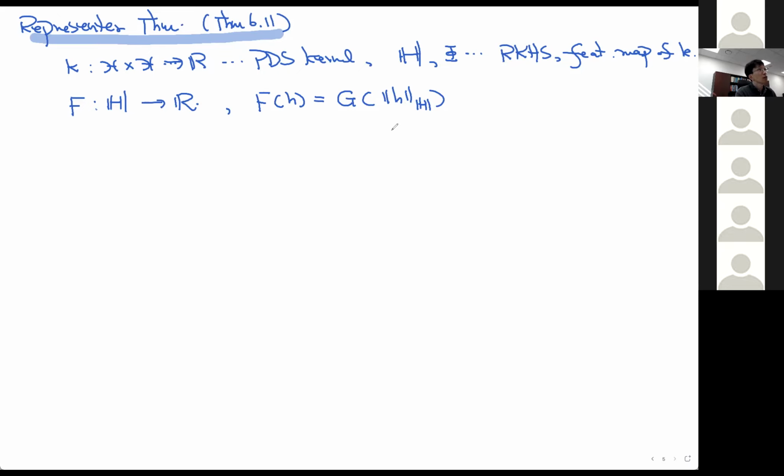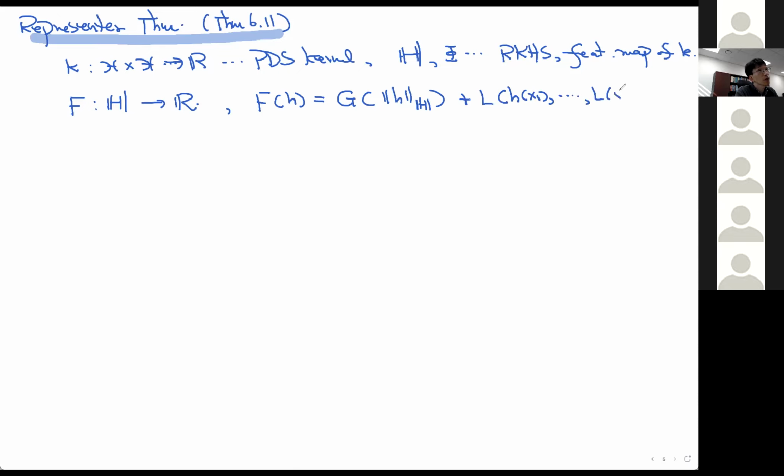We compute the size of h, which is going to be a number, and then we map it to a number. The other part is called the loss, which corresponds to the loss with respect to the examples in the sample.